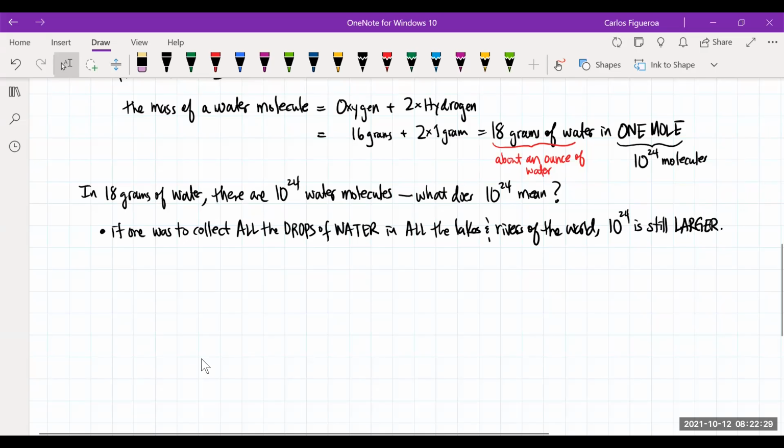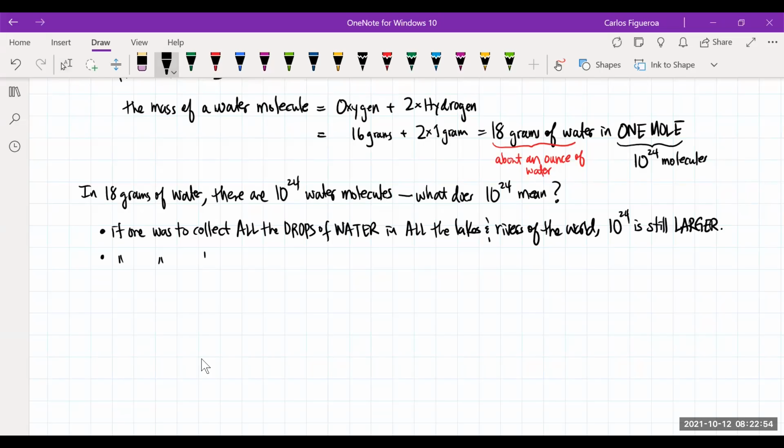Think about that. If you collect all the water drops in all the lakes and rivers in the world, there are more water molecules in about an ounce of water than there are drops in all of those. That is insane, right? And here's another one.